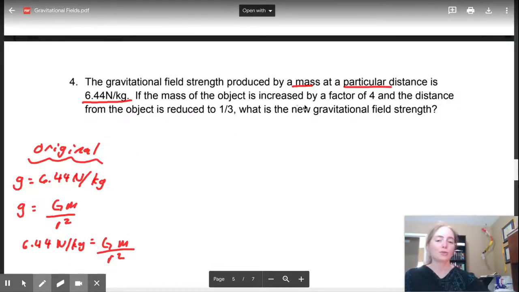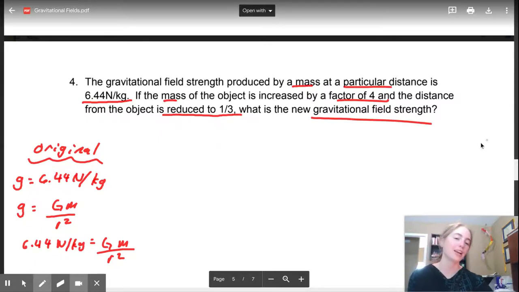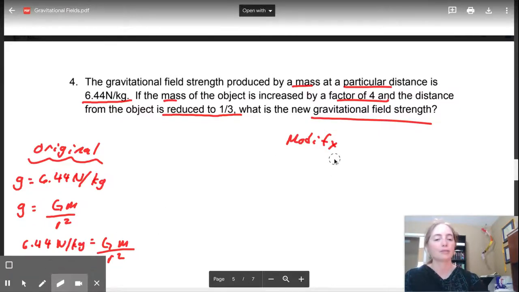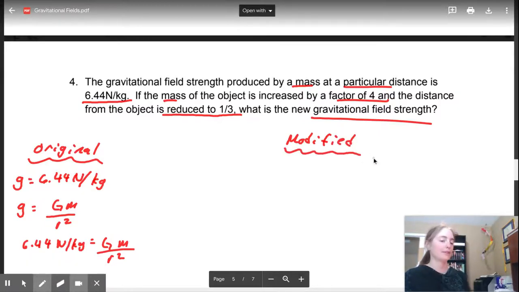Now, because we're going to be increasing the mass by a factor of 4, and we are going to be reducing the distance to a third of what it was, we are going to have a change in our gravitational field. So we are going to be modifying. Spelling is not my thing, ladies and gentlemen, as you guys know.